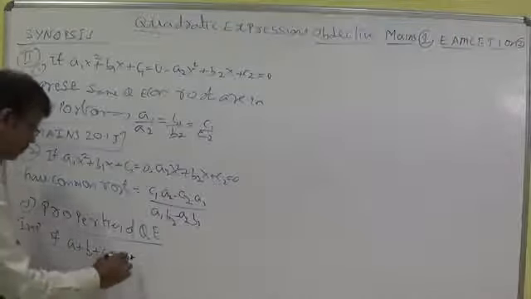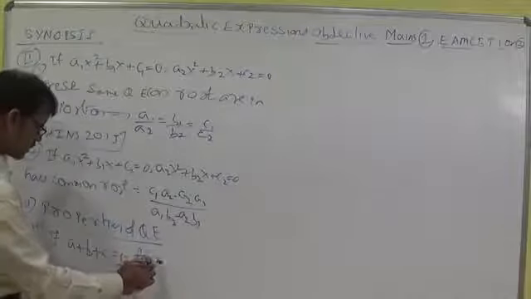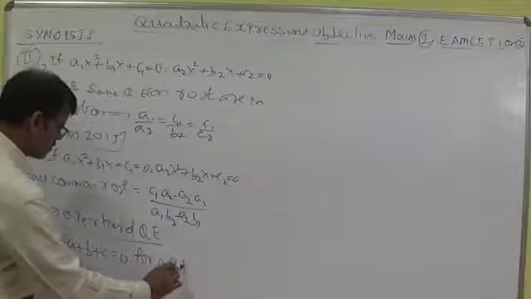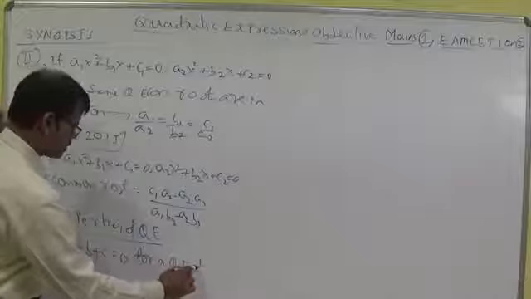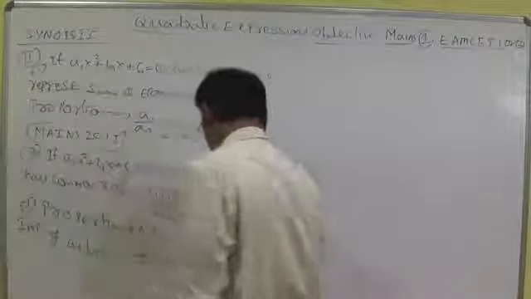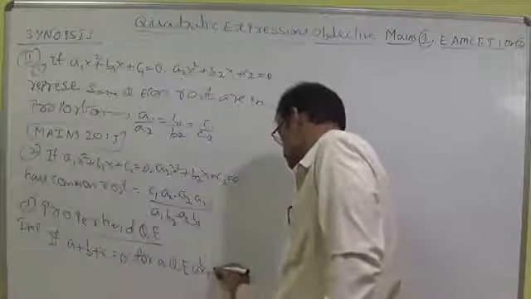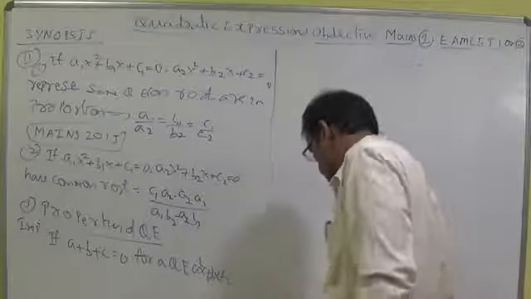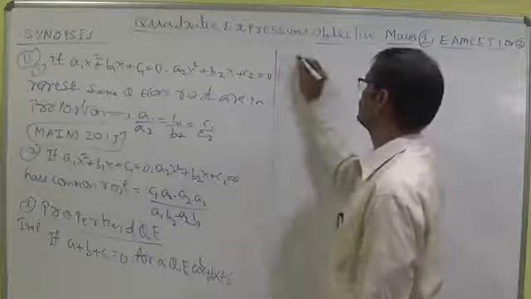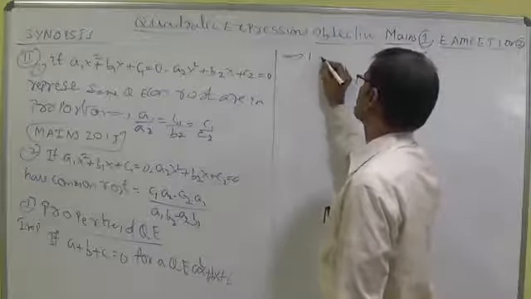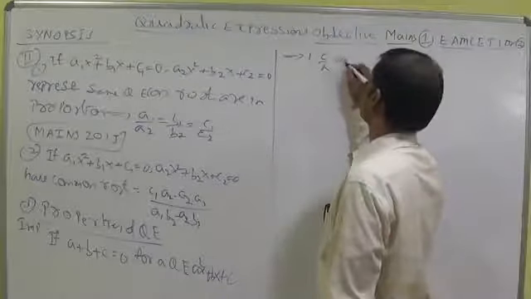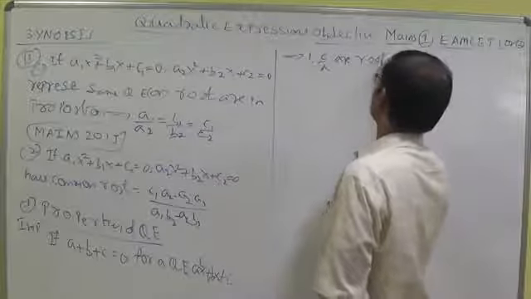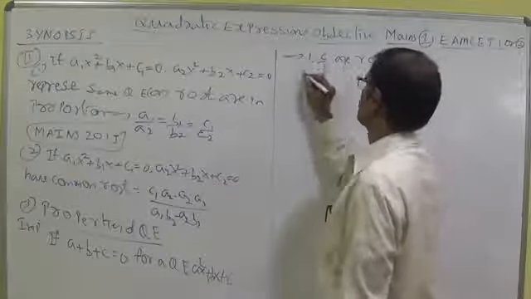If a plus b plus c is equal to 0 for a general quadratic equation ax square plus bx plus c is equal to 0, that implies 1 comma c by a are roots. 1 comma c by a are roots.